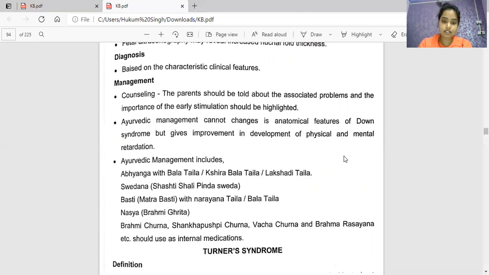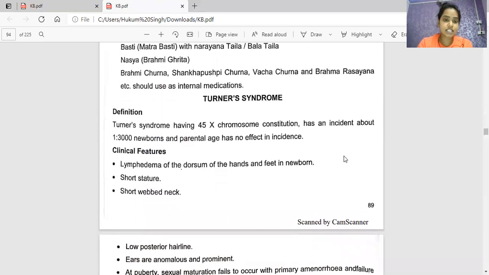Now next is Turner syndrome. What is Turner syndrome? Turner syndrome has a 45 X chromosome constitution, with an incidence of about 1 in 3,000 newborns, and parental age has no effect on incidence. Clinical features are lymphedema of the dorsum of the hand and feet in the newborn, short stature, and short webbed neck.